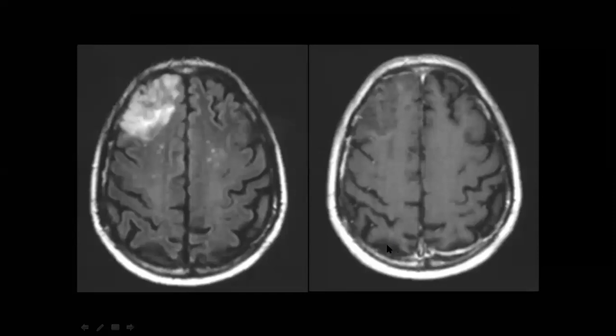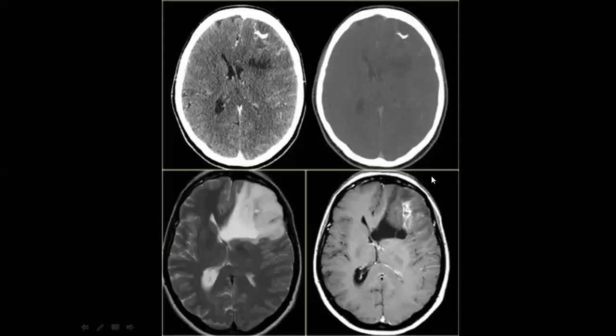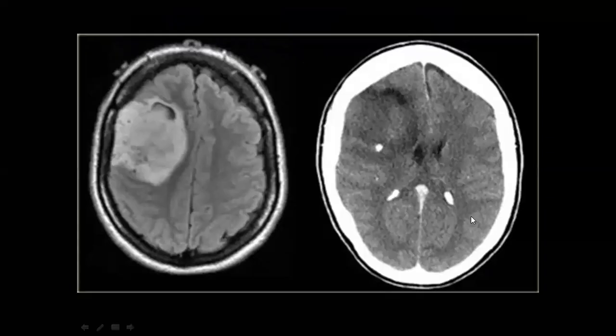Oligodendroglioma, maybe, but you don't have calcification. Here you have calcification, maybe, maybe not, but apparently the patient had an operation. So what could it be? With this appearance you should put a differential, and this is one of the differentials.